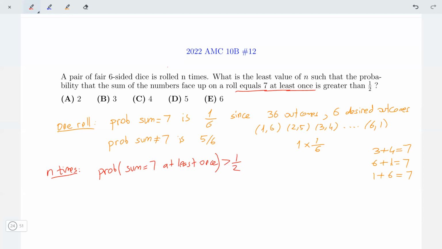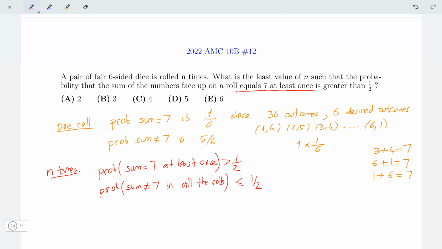Now this is harder to calculate directly, because we don't know which roll is 7, or how many of these rolls are 7. There are many possibilities, but the opposite is easier. So if we look at the opposite, that the sum is not equal to 7 in all the rolls, since this is the opposite, we want this to be at most 1/2.